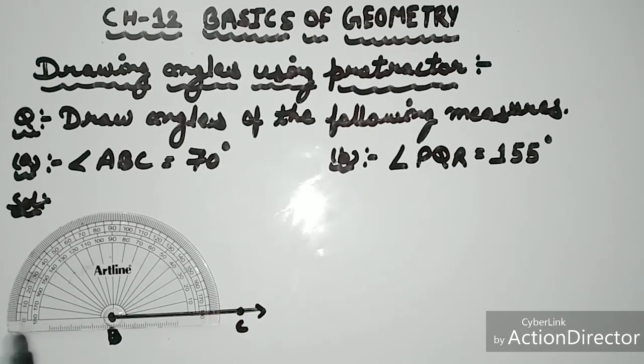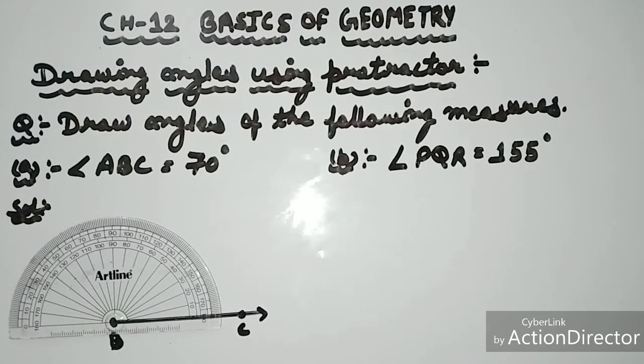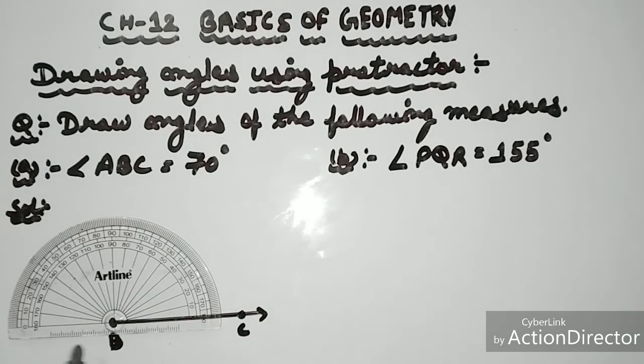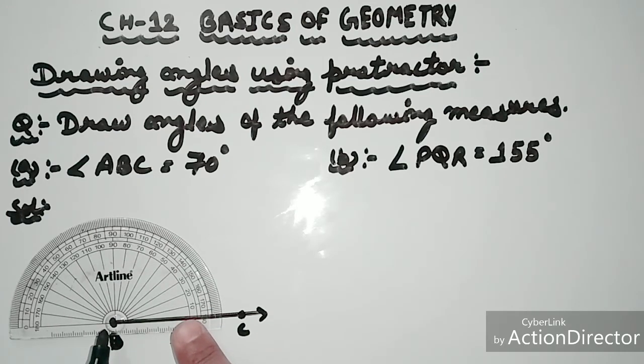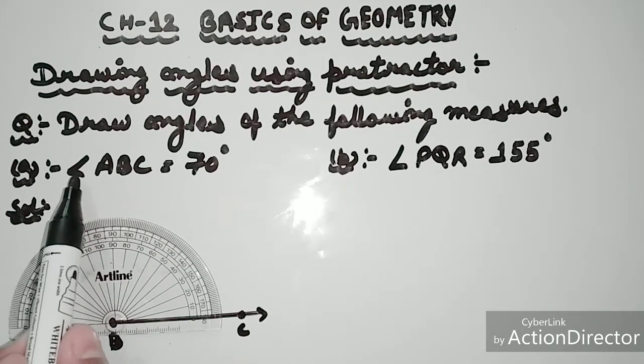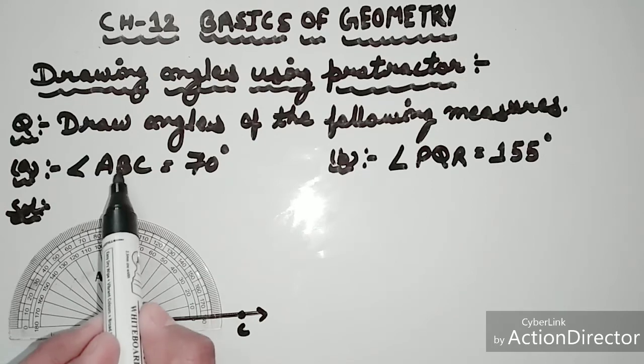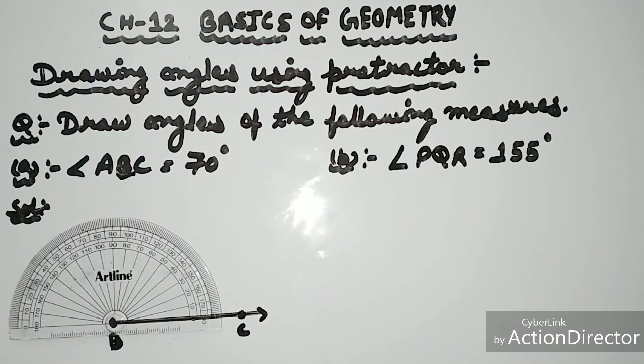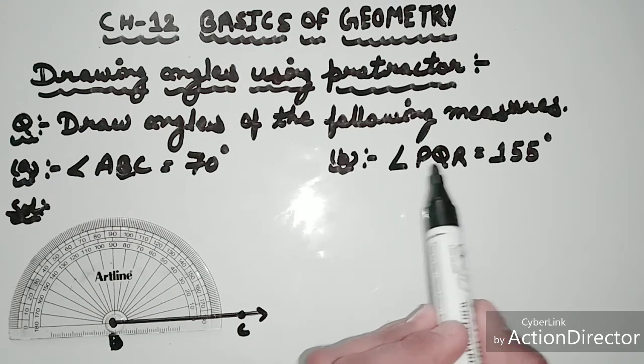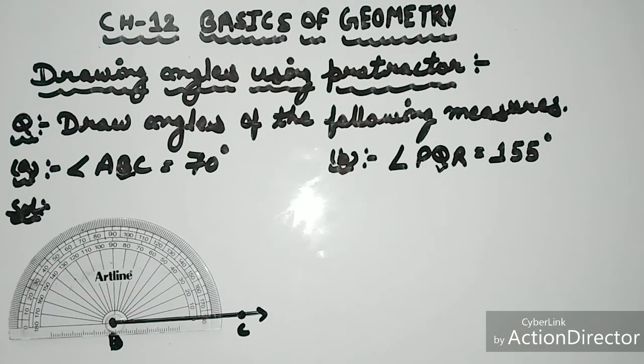Align this line, point C and this line BC, with the end point B, because if the given angle is ABC, then B is the vertex of the angle. If the angle is PQR, then Q is the vertex of the angle. So here B is the vertex of the angle.